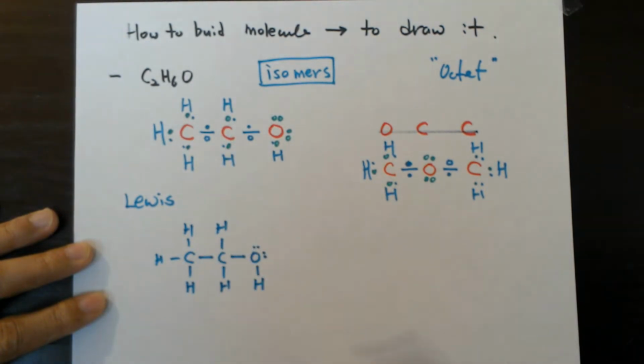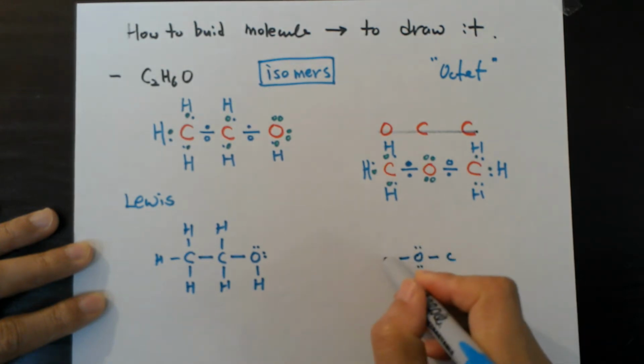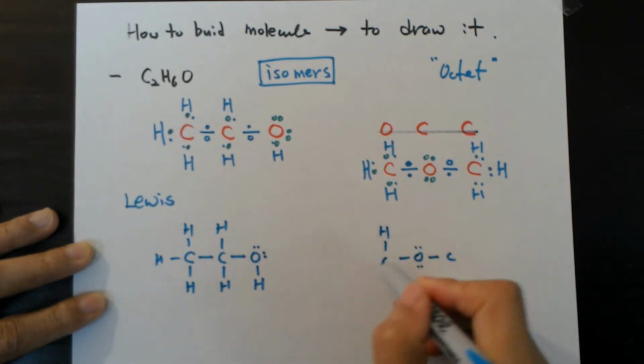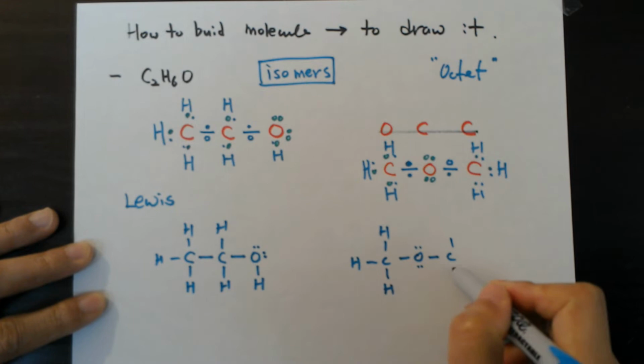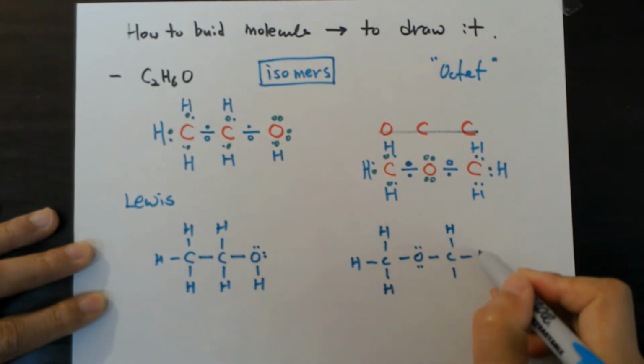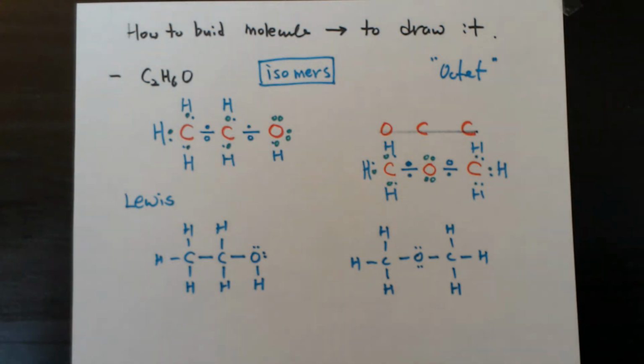For this molecule and for that molecule, converting all the pairs of electrons in sigma bonds into lines. There. So these two are 2 different structures you can come up with, and these are isomers.